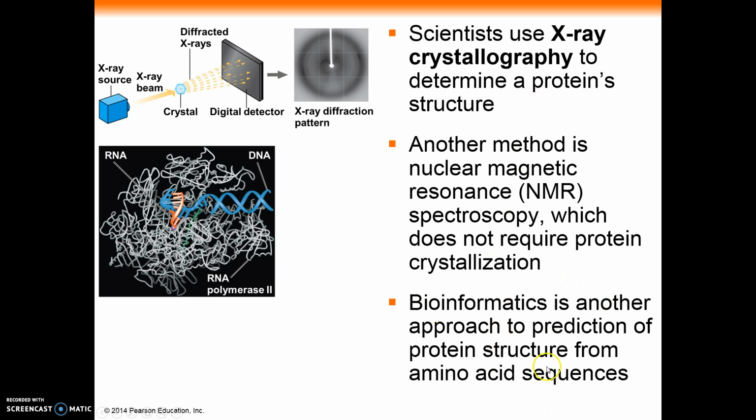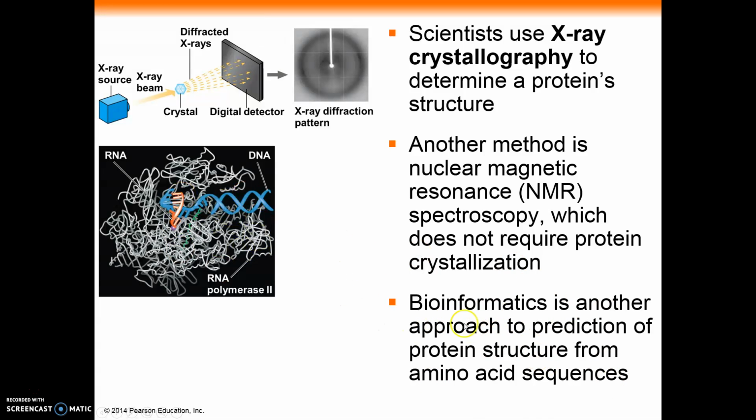As we get more and more solved structures, we can actually start to use bioinformatics in order to predict what the structure might look like. So the more and more proteins we get, we can start thinking about, well, what is that protein related to? Do we have a structure for that protein? Can we then overlay the structures and see if it fits?